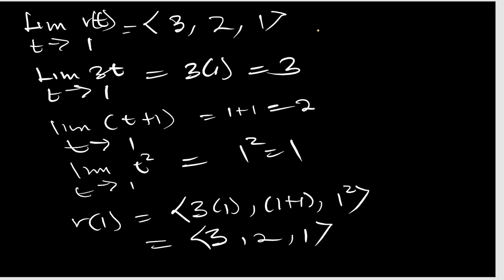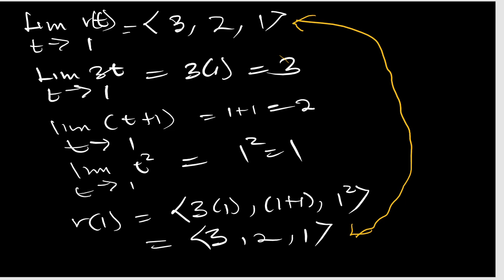This is the same as this one. So whenever the limit of a function at a particular point is the same thing as the value of the function at the same point, we see the function is continuous at that particular point.